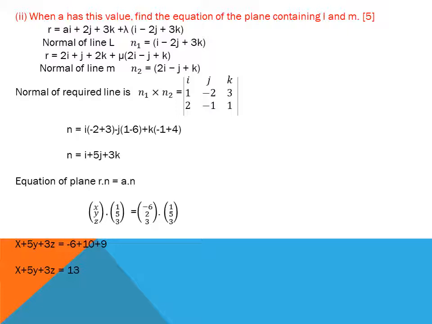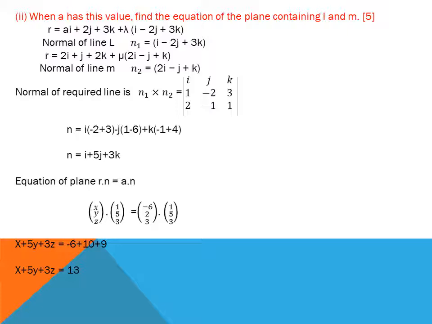I find the matrix 1, 3, 2, 1 and solve it: 1 minus 6. Then plus sign, k: hide the column of k and the row i, j, k. I solve the matrix 1, minus 2, 2, minus 1. So k into minus 1 plus 4. Finally, I find the direction of the plane: n is equal to i plus 5j plus 3k.